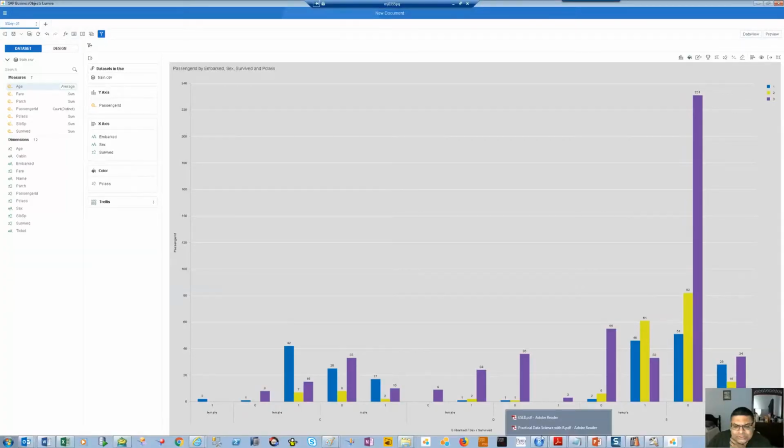And here we see that most of the survivors are not maybe from Southampton, most of the survivors are female, of the third class.